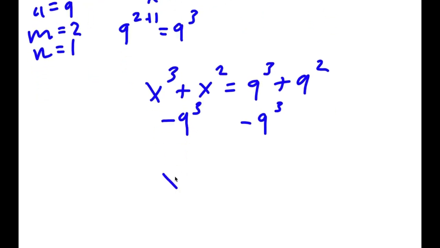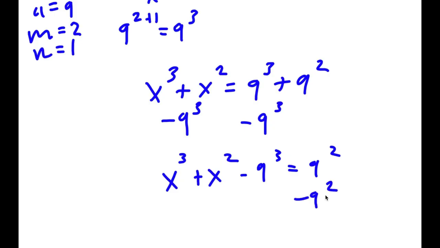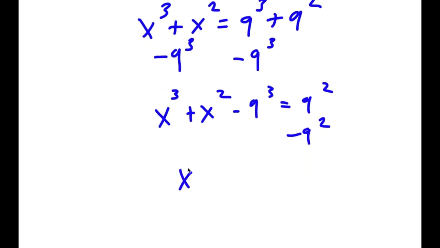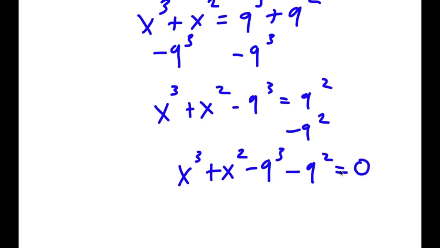So then I have x to the power of 3 plus x squared minus 9 to the power of 3 is equal to 9 squared. And I am also going to subtract 9 squared on both sides. So now I have x to the power of 3 plus x squared minus 9 to the power of 3 minus 9 squared is equal to 0.